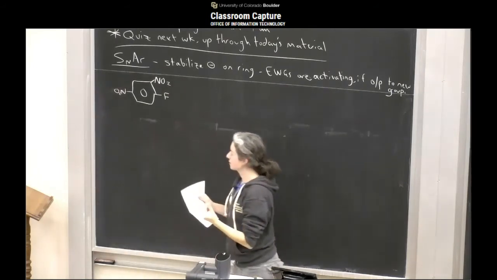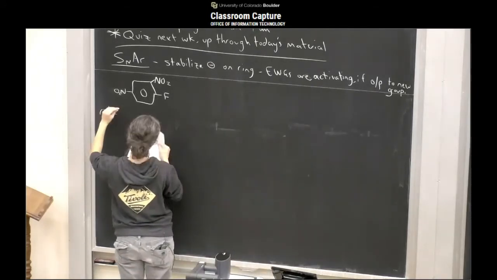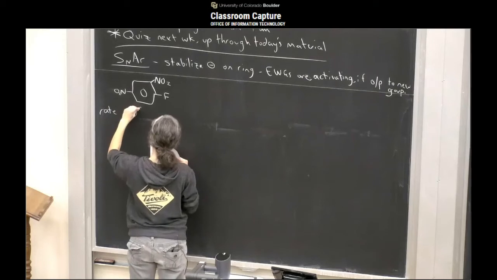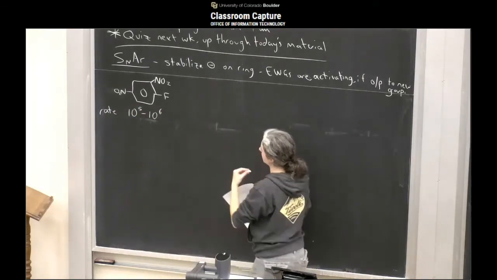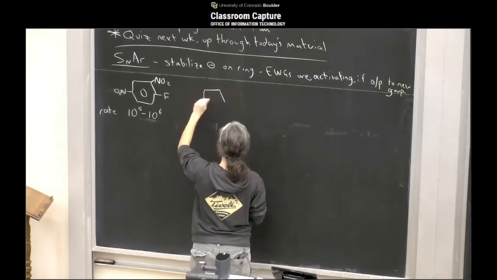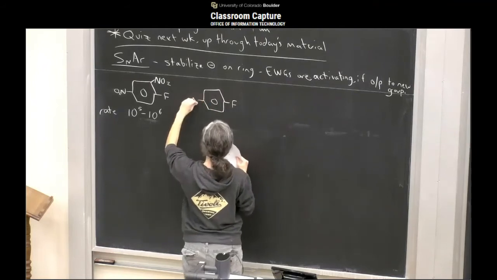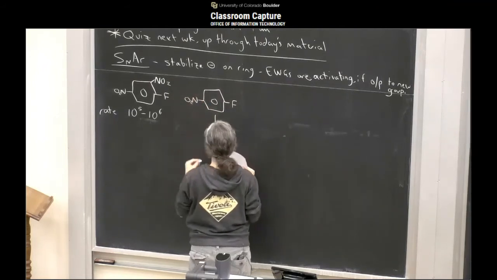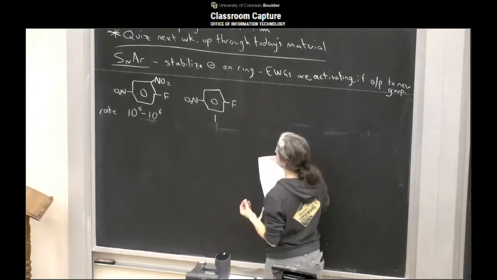If we're doing something like this where we have nitro groups ortho and para, it's going to be about 10 to the 5 to 10 to the 6 times as fast as if we have just para. I don't actually have the numbers for meta.